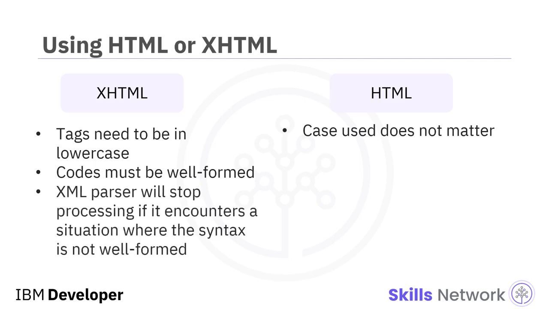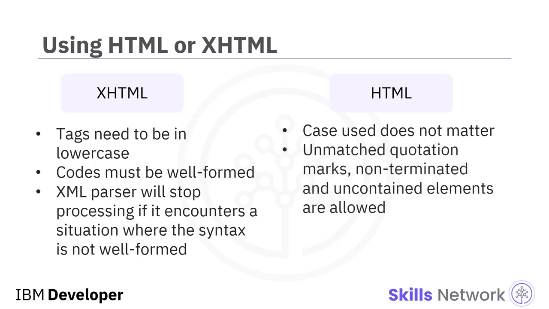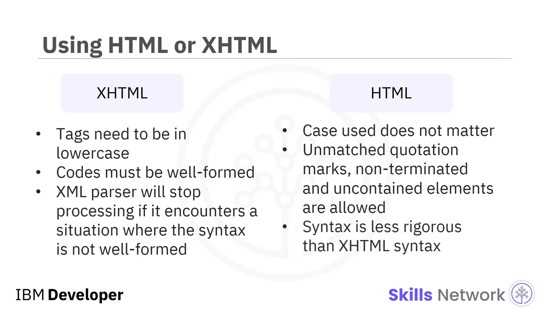If an XML parser encounters a situation where the syntax is not well formed, it stops processing. In HTML, different case, unmatched quotation marks, and non-terminated and uncontained elements are allowed and commonplace. In this regard, HTML syntax is less rigorous than XHTML syntax.